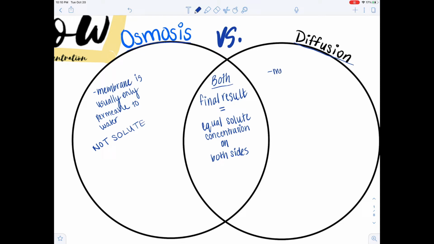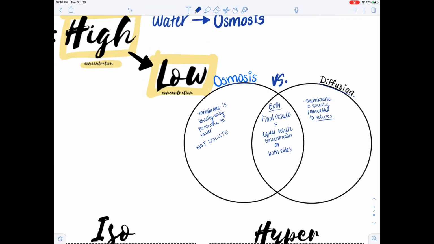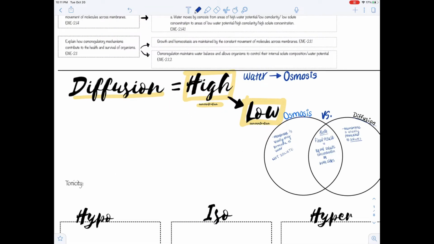In diffusion, on the other hand, our membrane is usually permeable to solutes. So the key that you need to remember when we're looking at those comparisons is that in diffusion, solutes can go through. In osmosis, the only thing going through is water.